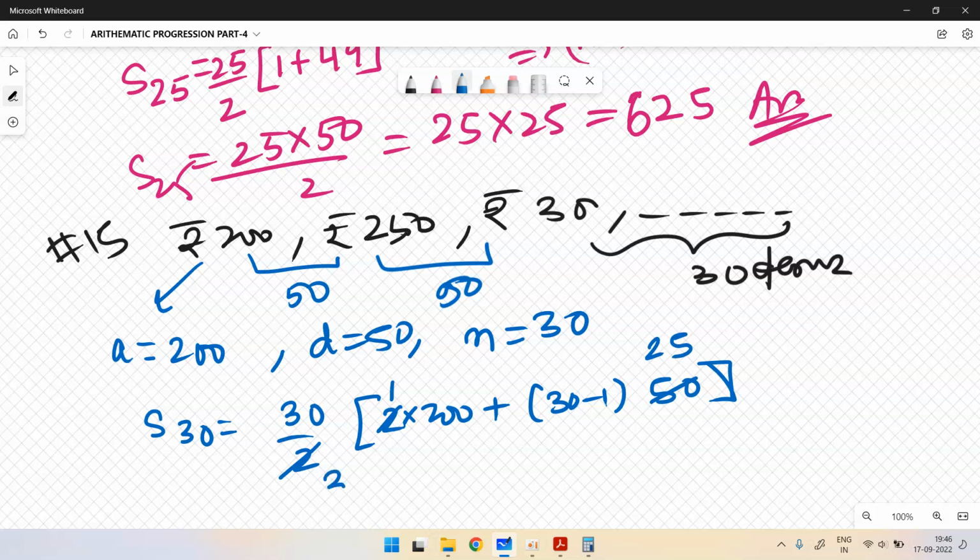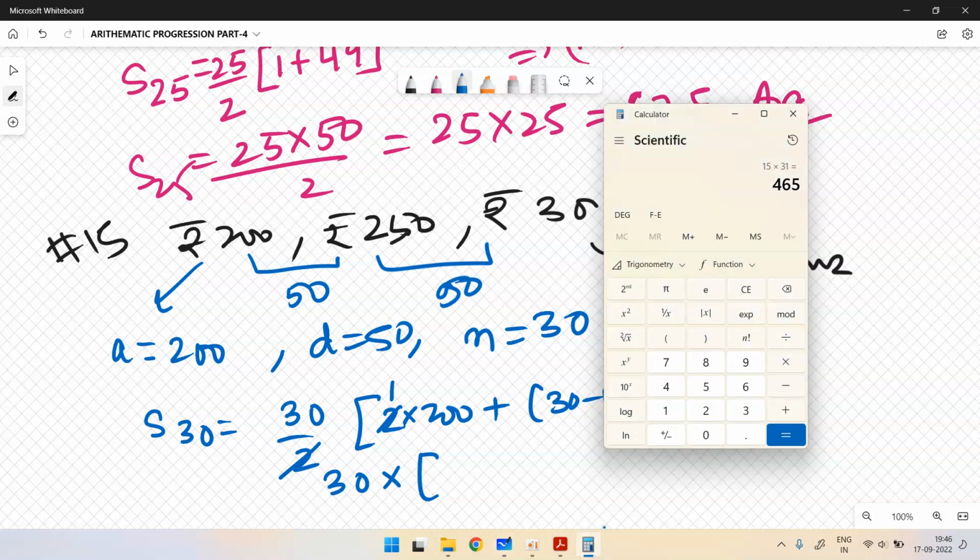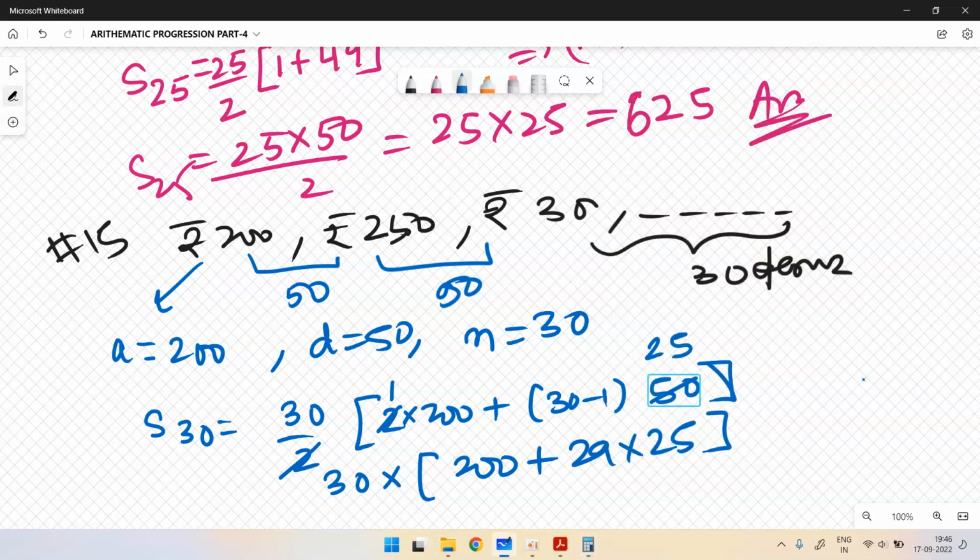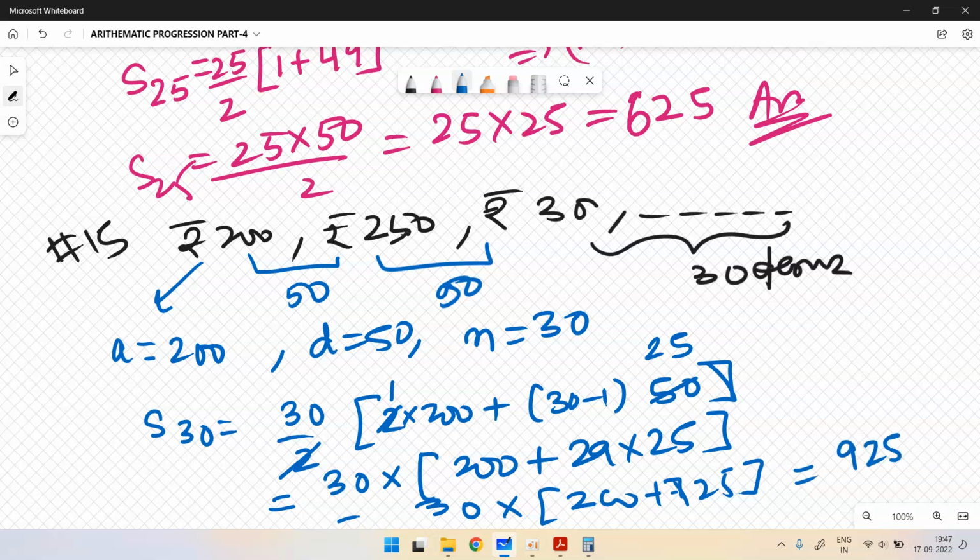So this will be 30 into 200 plus 29 into 25. 29 into 25 is 725. So this is 200 plus 725, which is 925, so the sum is 925 into 30.